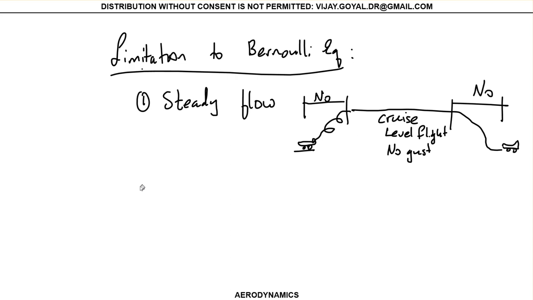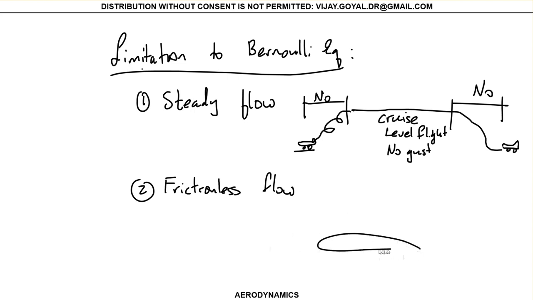Okay. The second thing you have to think about is that I am assuming there is frictionless flow. What does that mean? Well, if you really think about the problem, take the case of the airfoil. I know that my flow is in contact here, and I know that I have friction there, so the Bernoulli equation is not applicable there.